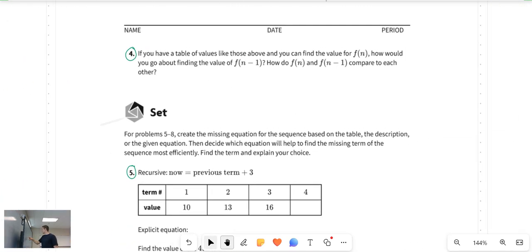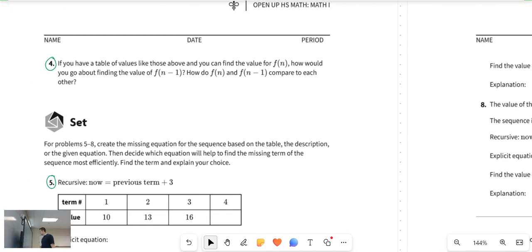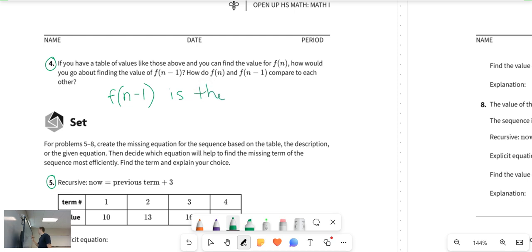But more generally, what you can do is just take the previous value. So f of n minus 1 is the previous output, which is easy to find if we have a recursive function.